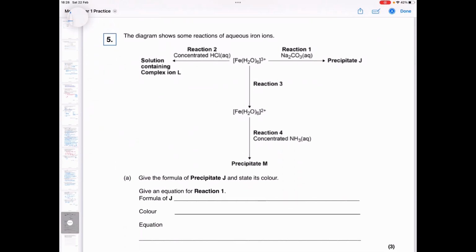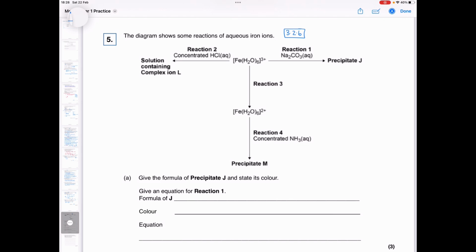Question 5. The diagram shows some reactions of aqueous iron ions. So this is 3.2.6 if you're looking for that as part of the syllabus. Ions in aqueous solution. So we've got iron hexaaqua 3+ reacting with conc HCl in reaction 2, reacting with sodium carbonate in reaction 1.